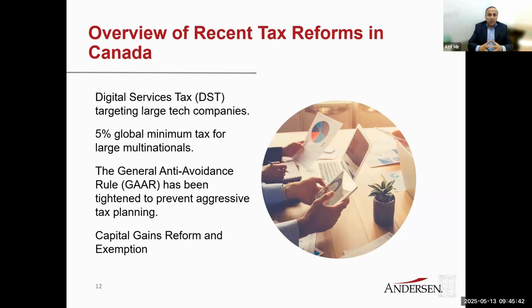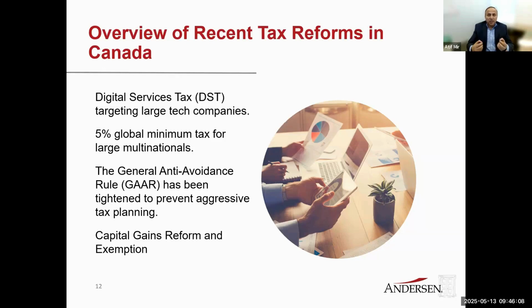So now the CRA, or the Department of Finance, has tightened or broadened the definition of economic benefit. So under the new legislation, if you have violated the spirit of the law, even if you try to demonstrate that you were doing it for bona fide reasons, you can get caught by these provisions.